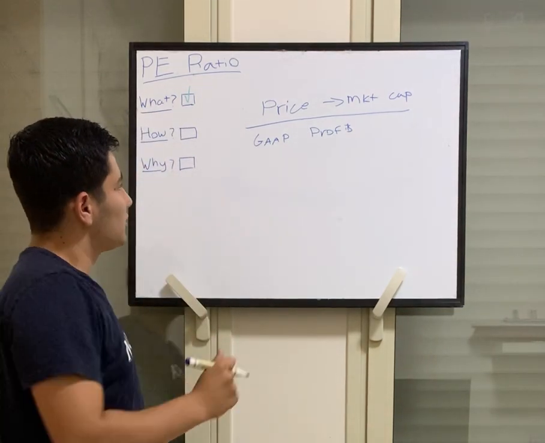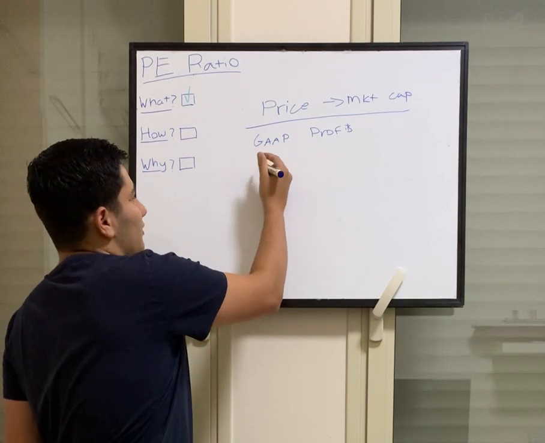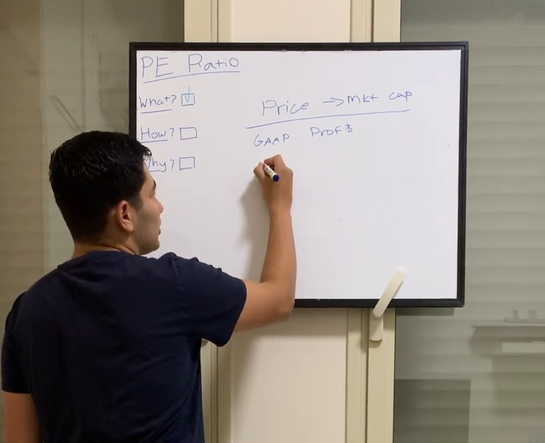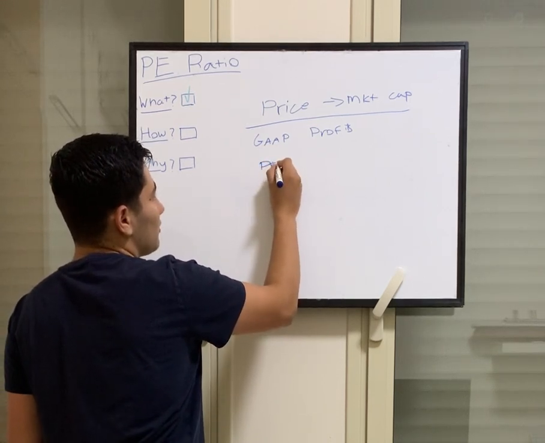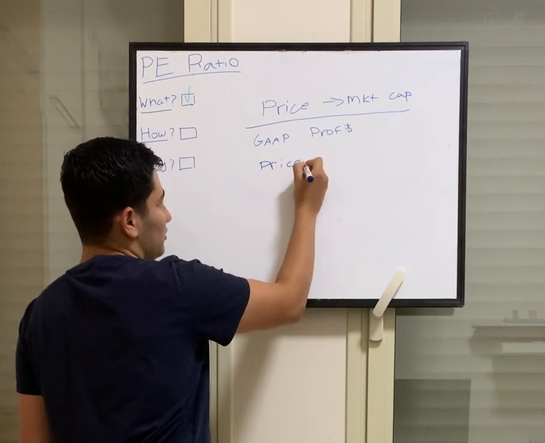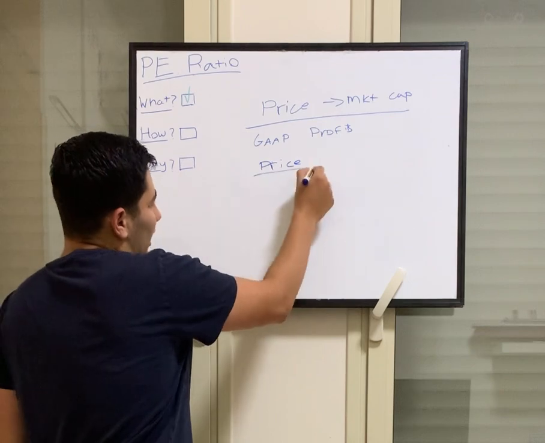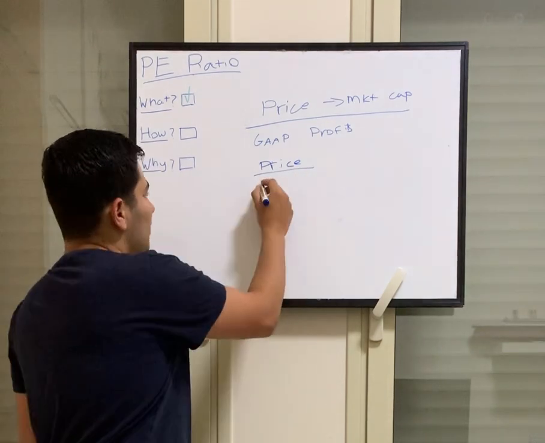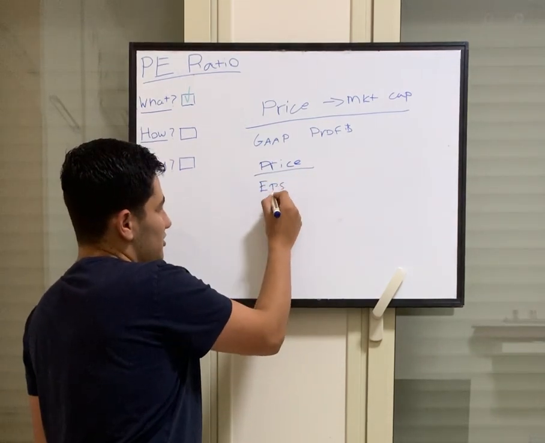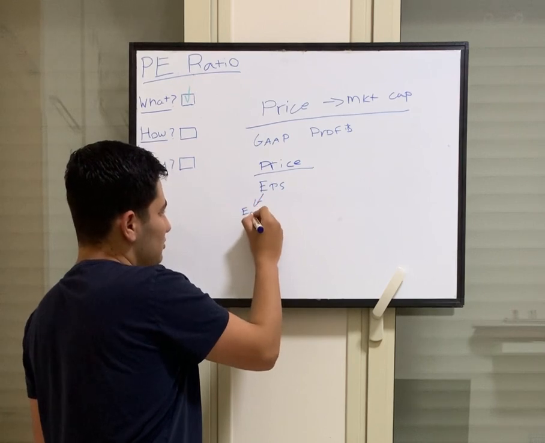And another way is to divide the price of the stock, or of one share of the company, by EPS. And EPS stands for earnings per share.